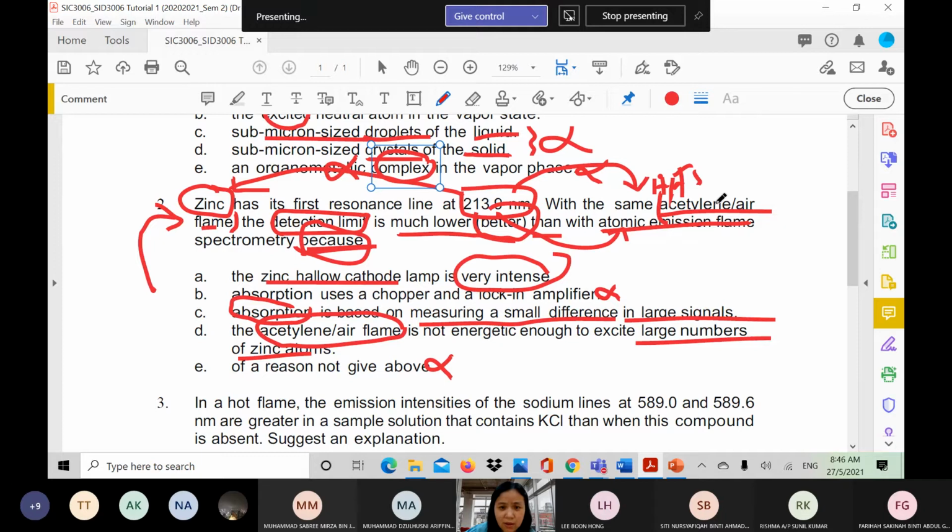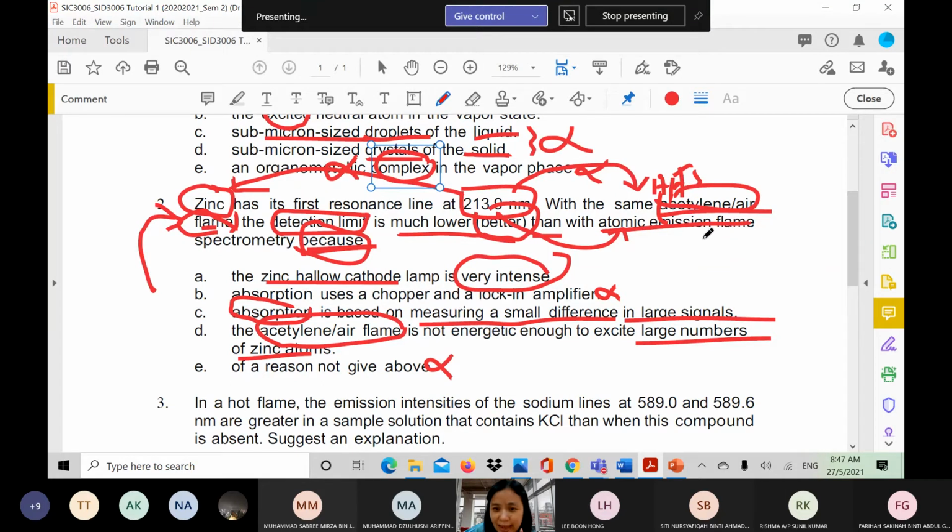Because for flame AAS, the acetylene flame is only for the function of atomization. It's not for the function of excitation. Excitation is due to the light source. So that's why at low concentration, if possible, we always go for atomic absorption spectroscopy instead of atomic emission spectroscopy.